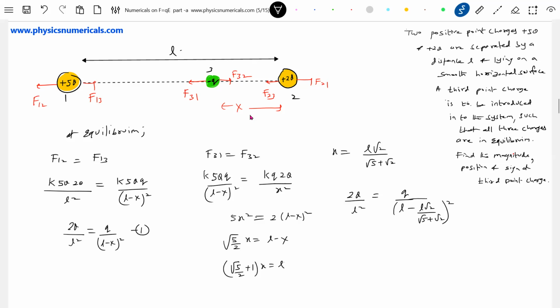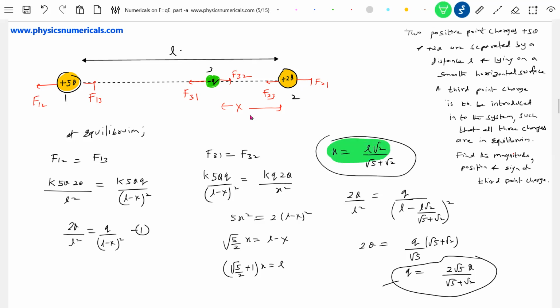Solve this, and the magnitude comes to 2 root 5 by (root 5 plus root 2). These are the answers: the position between the point charges, this magnitude, and this should be a negative charge.